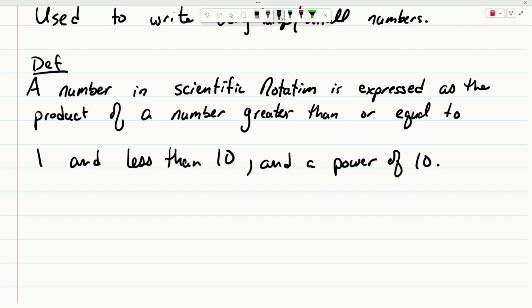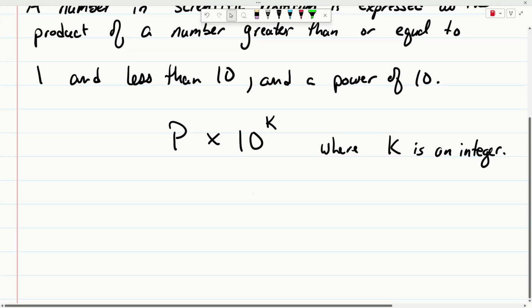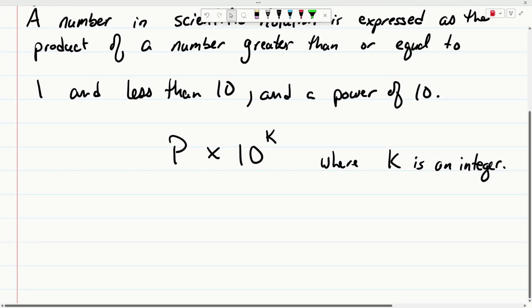Okay, now we write this as P times 10 to the K, where K is an integer.